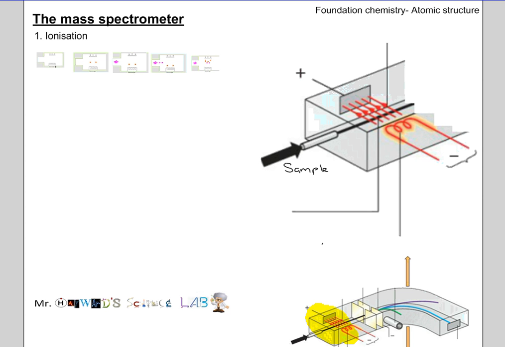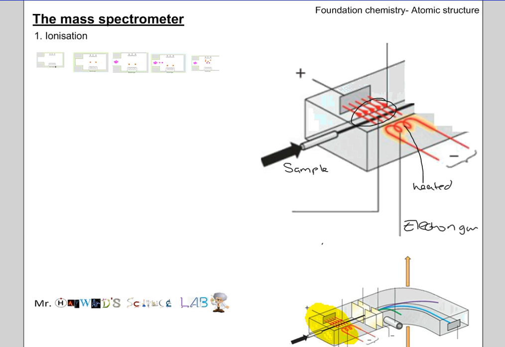Now some other key parts to look at are here. We've got the electron gun. And also we'll look at this section in a second. The electron gun can also be called the heated cathode.